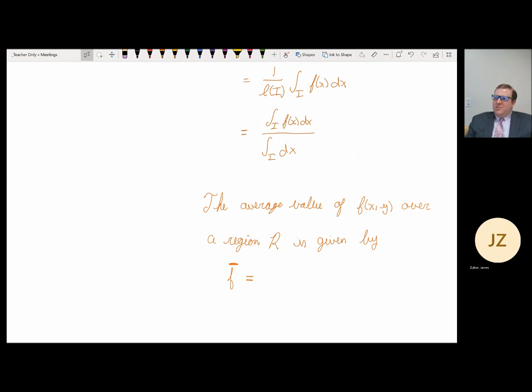What's the two-dimensional? Is it going to be the same thing, but just the double integral? Well, it can't be the same thing because length of a region doesn't make sense. The two-dimensional unit is area.